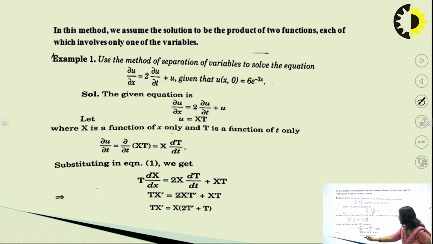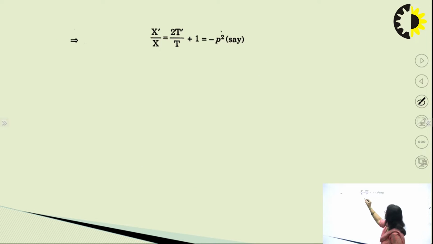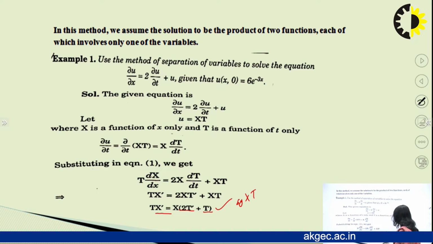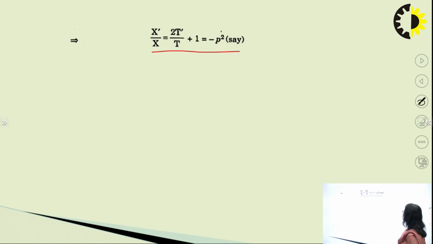If we take X common, this becomes X times 2T dash plus T. Now, we will rewrite this as X dash upon X equal to 2T dash upon T plus 1, because the initial equation was T X dash equal to X(2T dash plus T). Dividing this entire equation by XT, that means u, we get this equation.